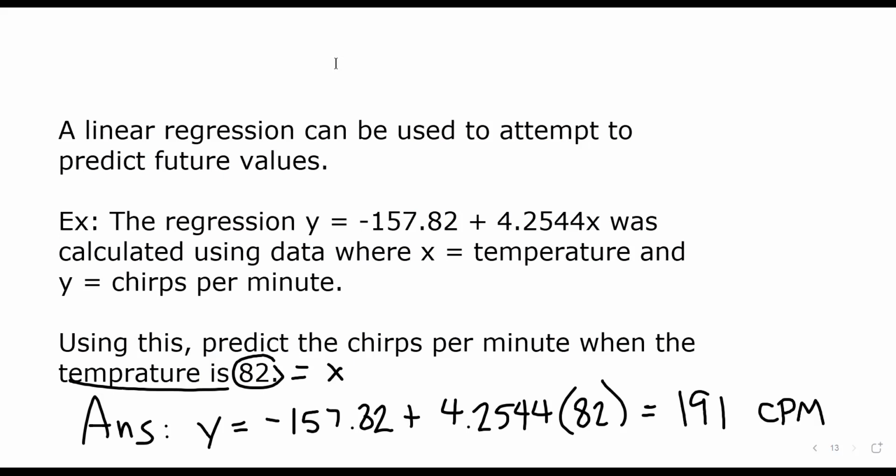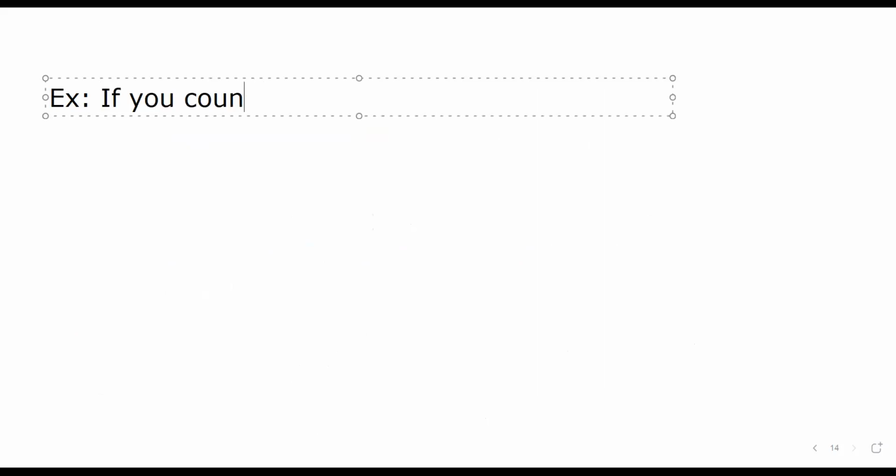So let's say that you're out at Tyler State Park or something, and for some reason you have a picture of this on your phone, and you're just sitting there enjoying the breeze, waiting for the sunset, and you just randomly start counting cricket chirps. And then let's say that, for example, if you count 162 chirps in 1 minute.